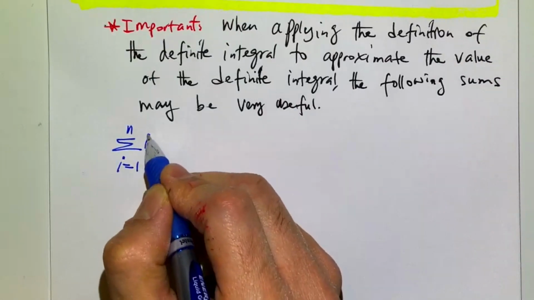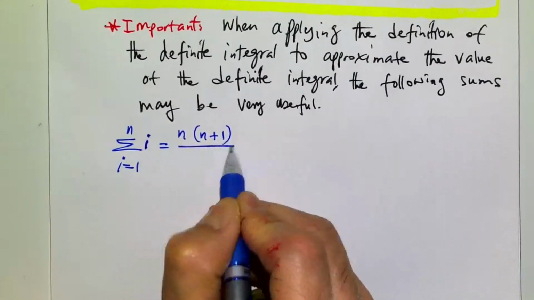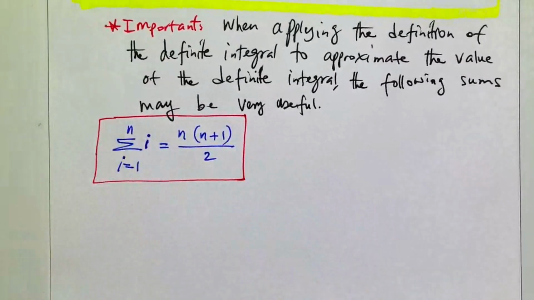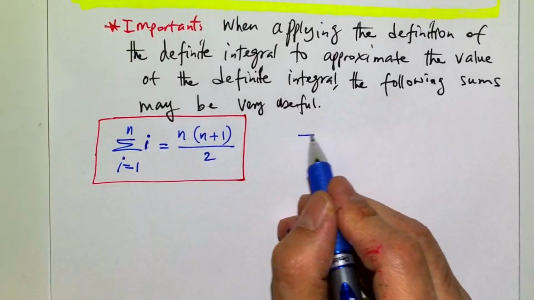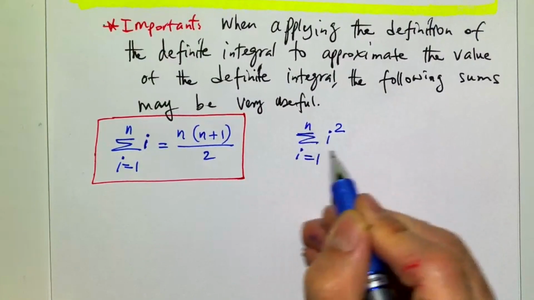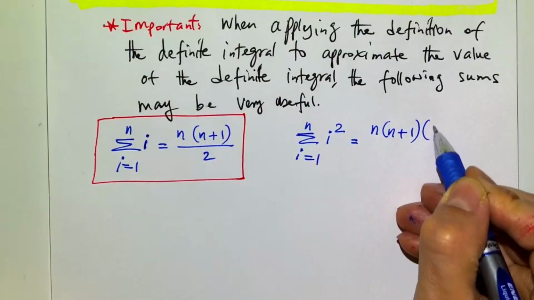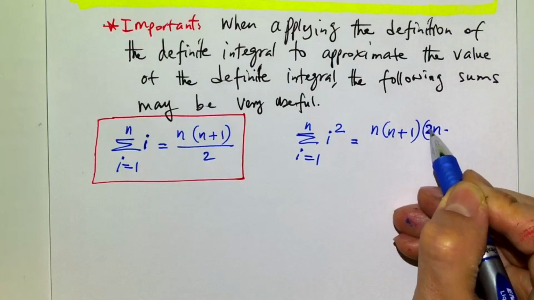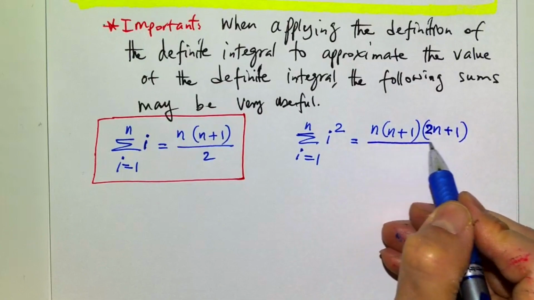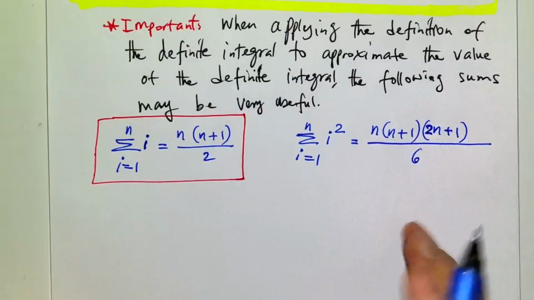So i with power 1, the sum is equal to n times n plus 1 divided by 2. That's one of them. The second one is when i is squared, as i goes from 1 to n, that is equal to n times n plus 1 times 2n plus 1, and then over 6.